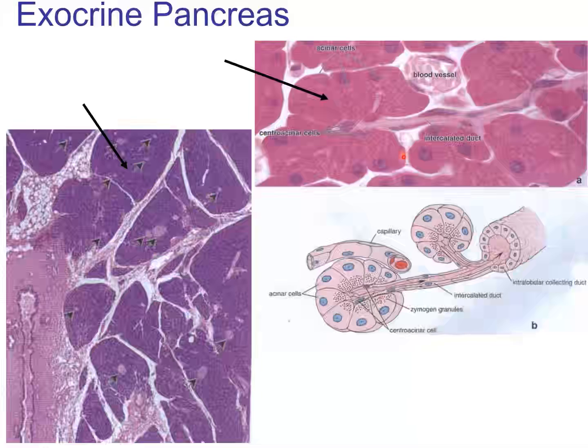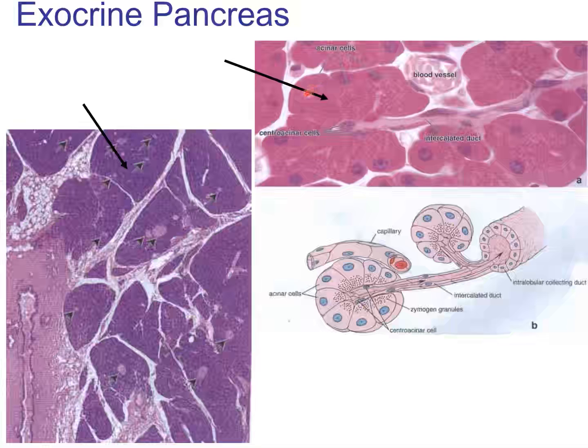So this is a typical acinus of the pancreas. You can see the position of the nucleus towards the base, and a duct is coming out from the acinus. This is the intercalated duct, and if the section passes through the middle of the acinus, the nucleus will be visible.